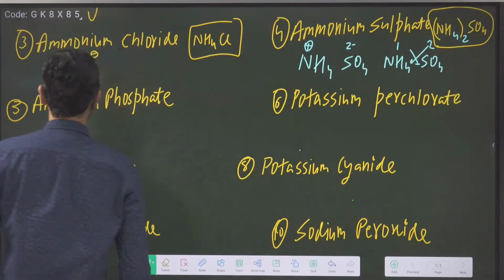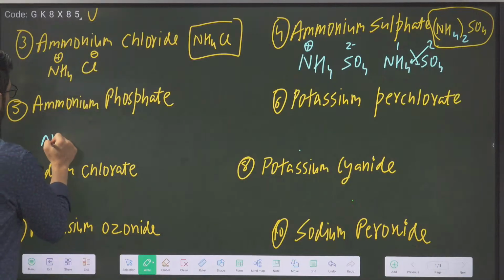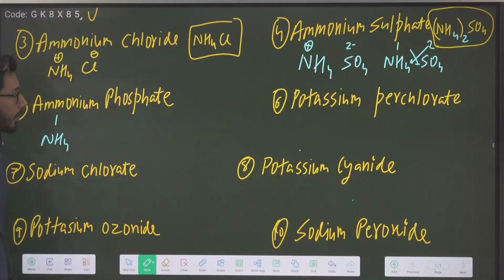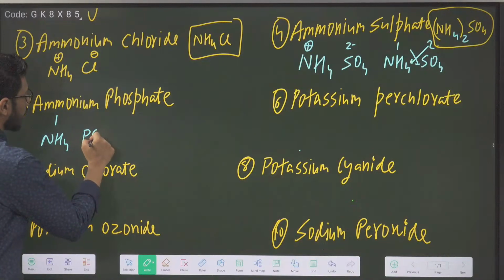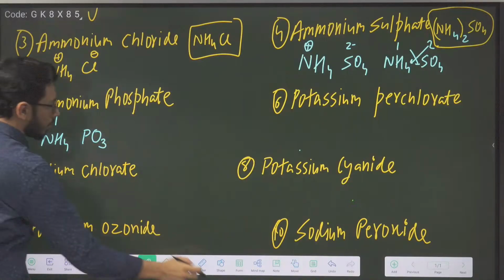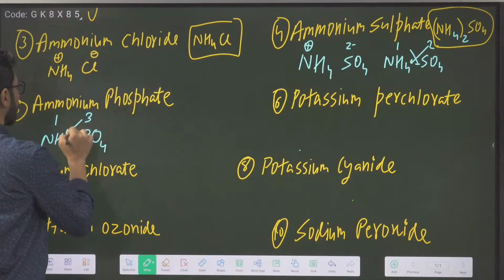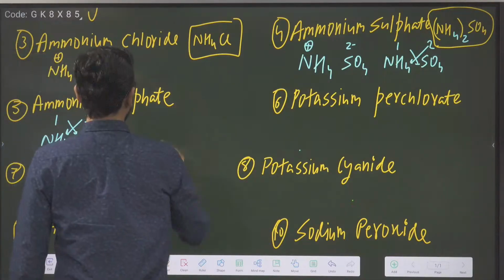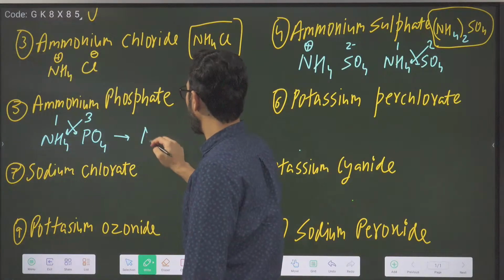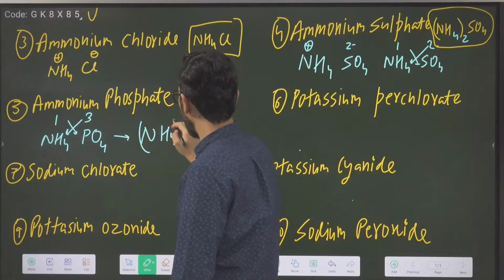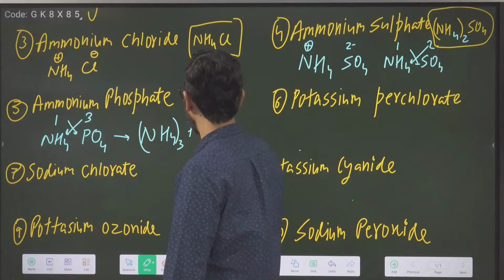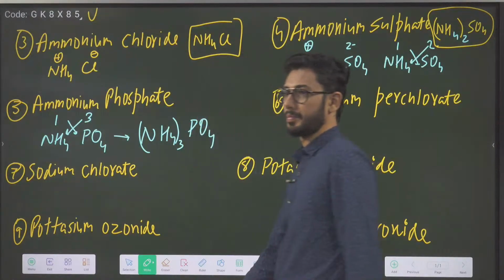Okay, check your answer. Next one, ammonium phosphate. Ammonium net charge 1. In phosphate, remember PO4 3 minus was there. So here PO4 and net charge mentioned 3. What will the answer be? NH4 thrice and PO4.